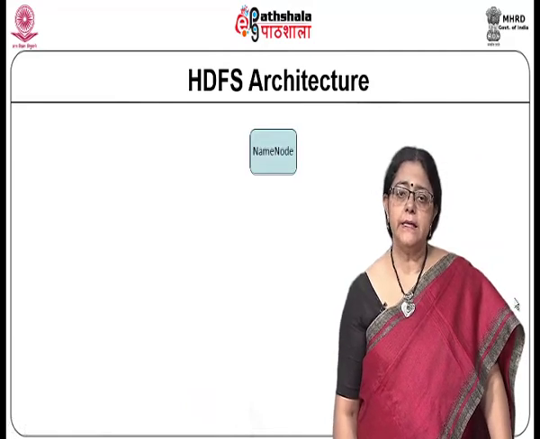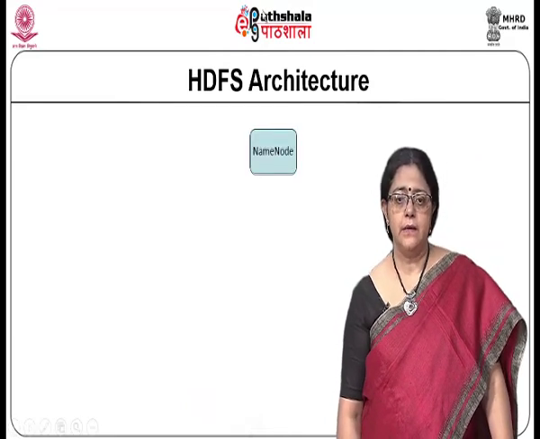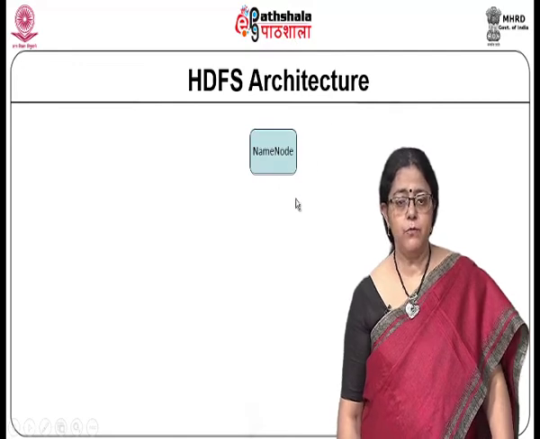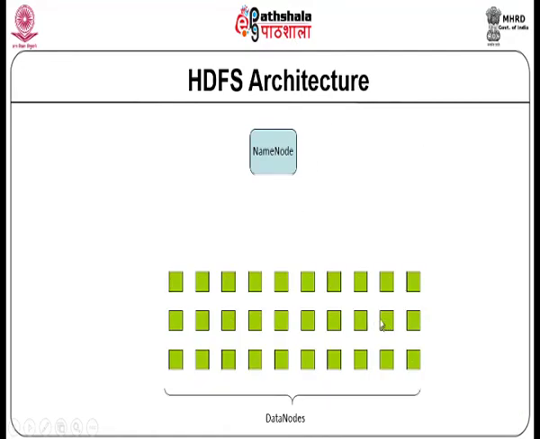What happens in the Hadoop architecture, this is the HDFS architecture, this is the name node and these are all the data nodes. Now, the work of the secondary name node is to ensure checkpointing.